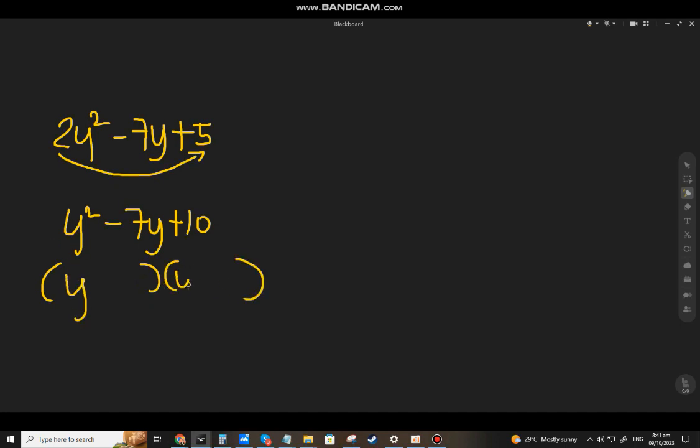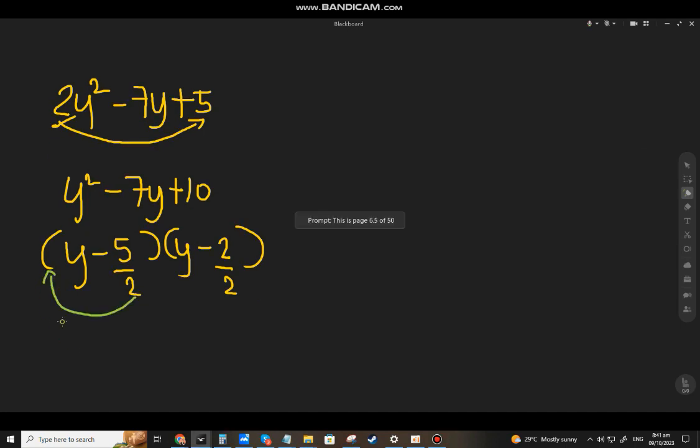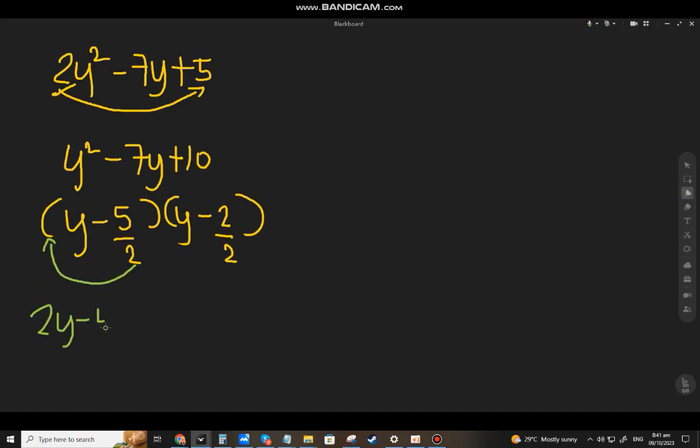That will be y minus 5 times y minus 2, because negative 5 times negative 2 is a positive 10, and negative 5 plus negative 2 is negative 7. So remember, the thing that we slid before is 2. We have to put it here as a denominator. Then if this is already in lowest terms, we have to slide it back here. That's the technique.